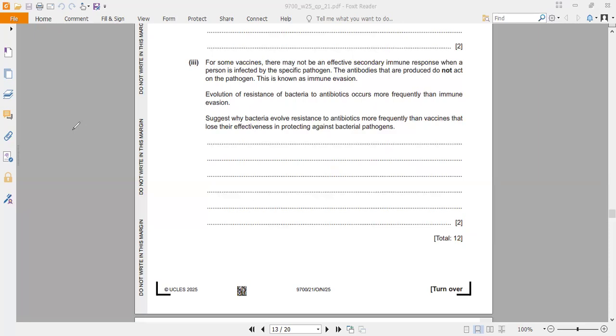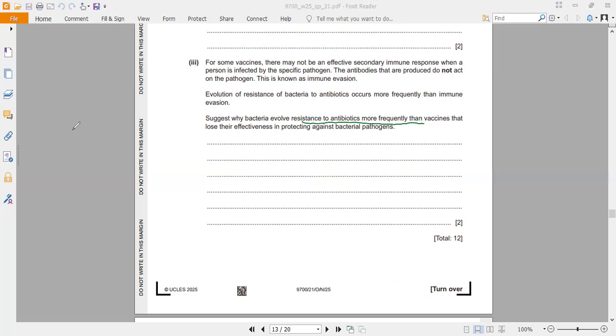Evolution of resistance of bacteria to antibiotics occurs more frequently than immune evasion. Suggest why bacteria evolve resistance to antibiotics more frequently than vaccines lose their effectiveness in protecting against bacterial pathogens. Again, the question is to suggest why it happens.